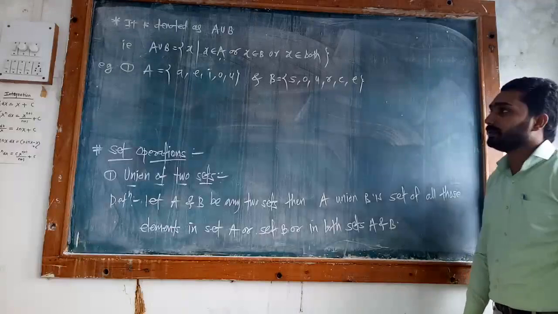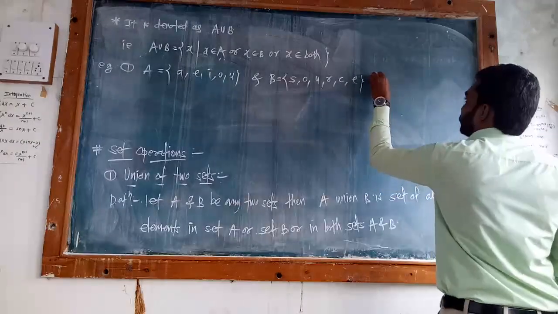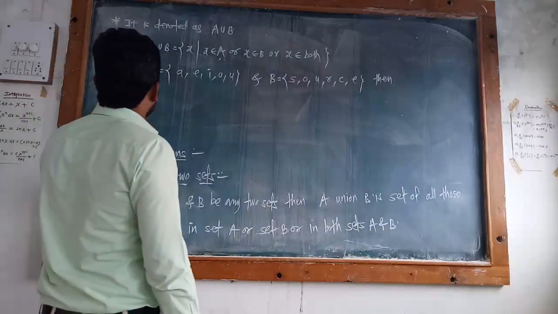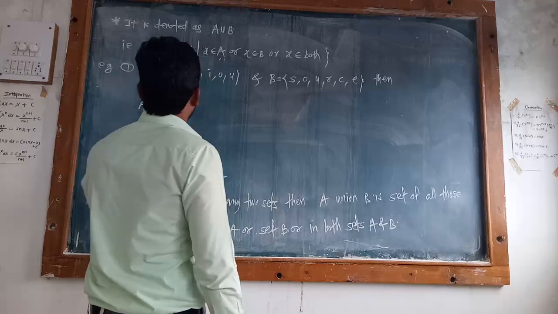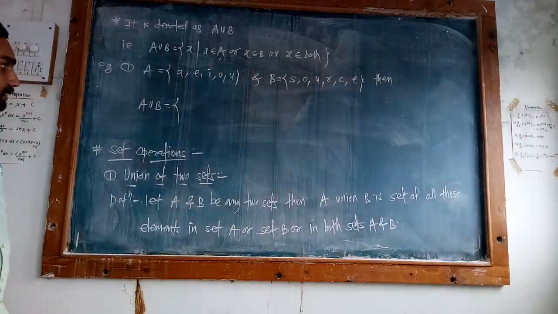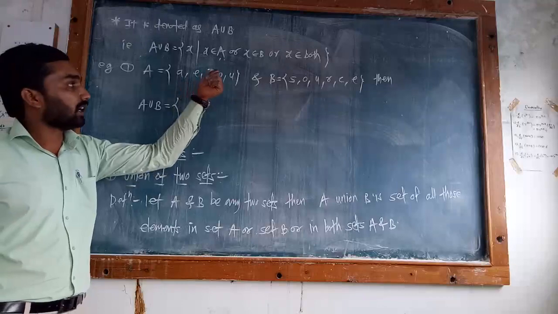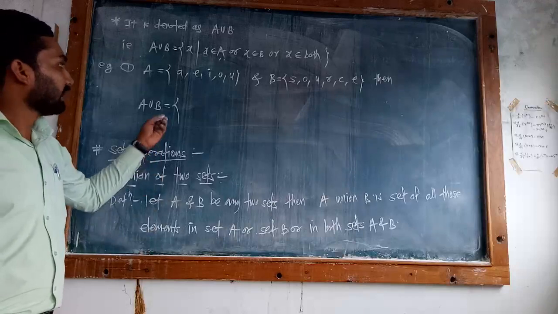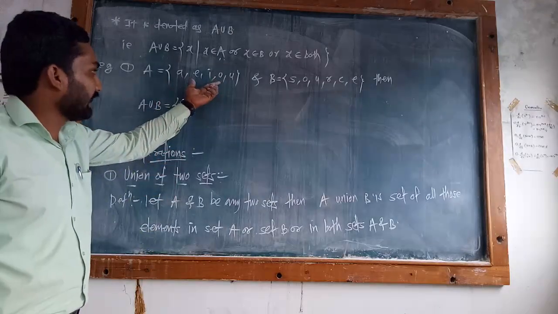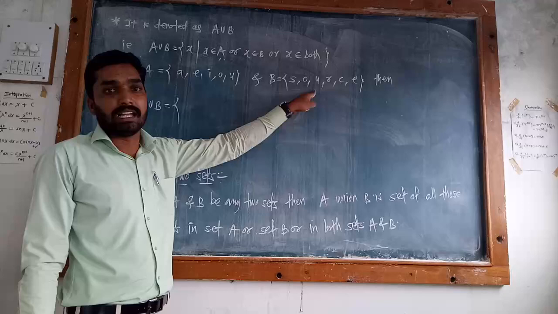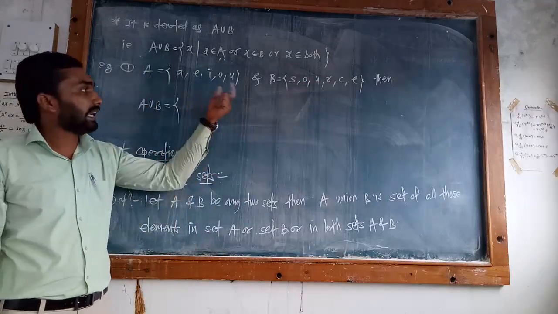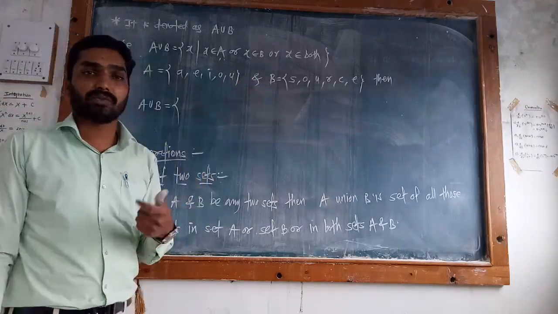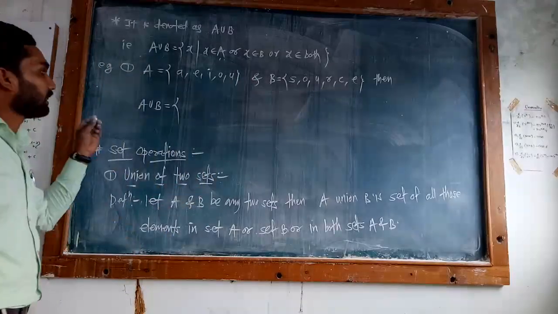Okay, this is your set B. Then what is A union B? That is all elements in set A or in B or in both A and B. That means we have to take first the elements in A, then elements in B, and if there is some common element in sets A and B, then take that element one time. Don't repeat that element.